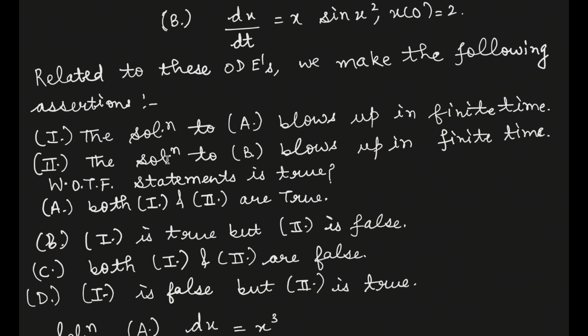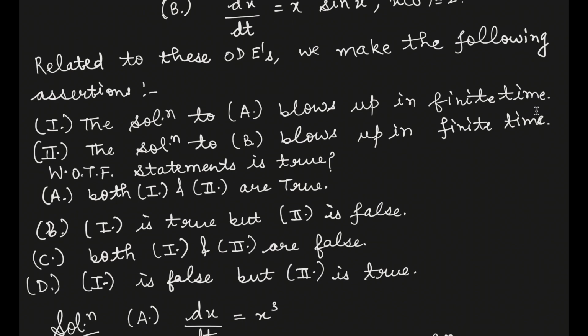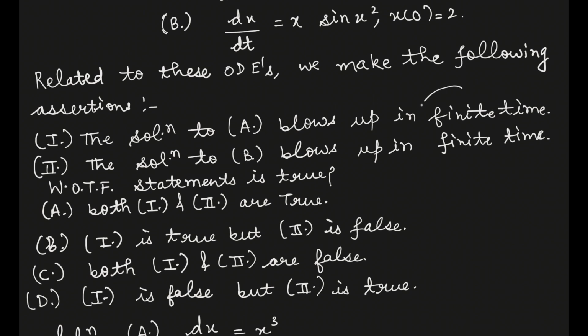Now it is saying the solution to A blows up in finite time. Means in a finite time, the solution which I have found for option A blows up. Blows up means it goes to infinity. Simple meaning.